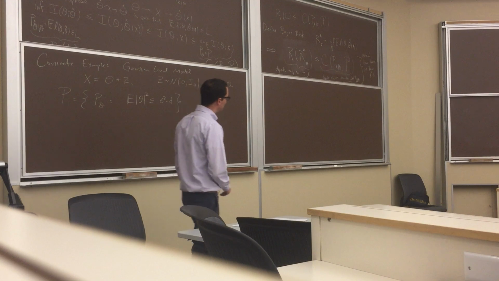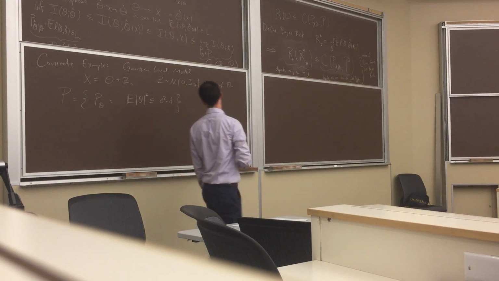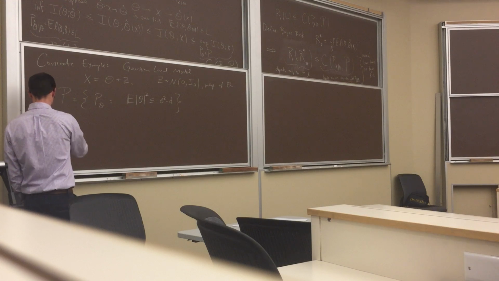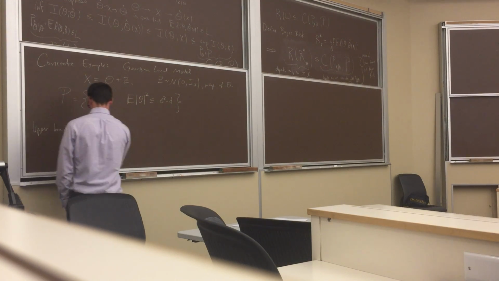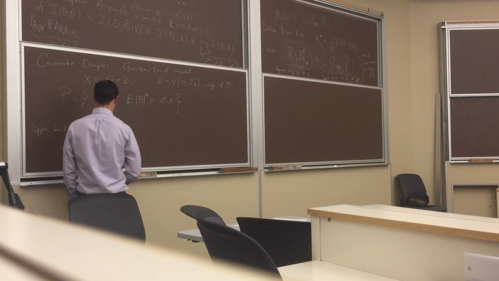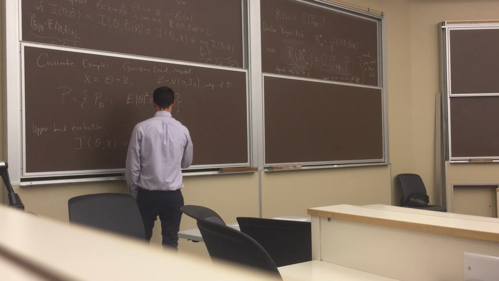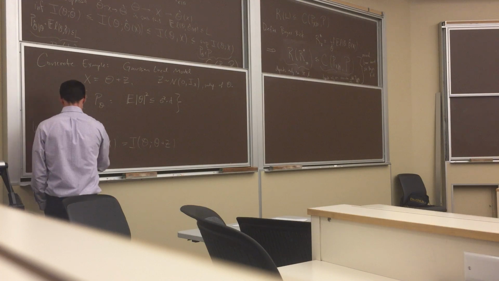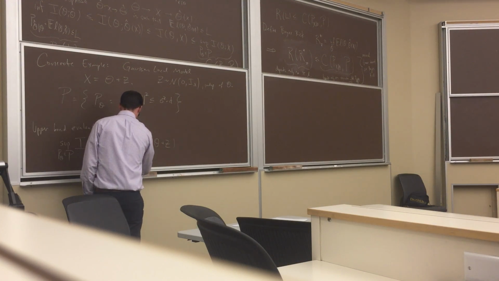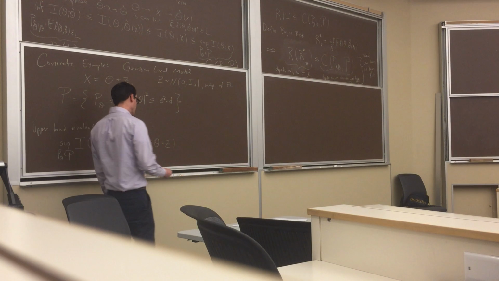Good. And so let's just try and evaluate this generic bound that we came up with for this concrete problem. So for the upper bound evaluation, we just have the mutual information between theta and X. I just wrote out the definition of X, so it is the mutual information between theta and theta plus Z. And if we supremize this over theta in our admissible set of priors, we did this computation before in one dimension, but it's no different here.